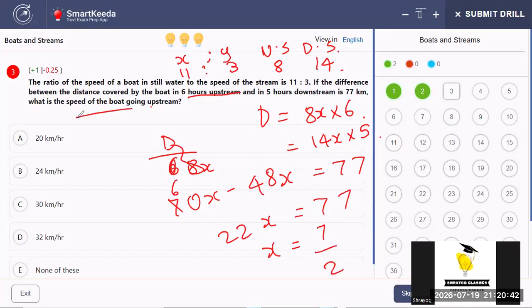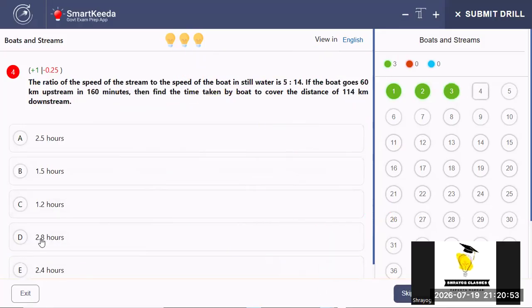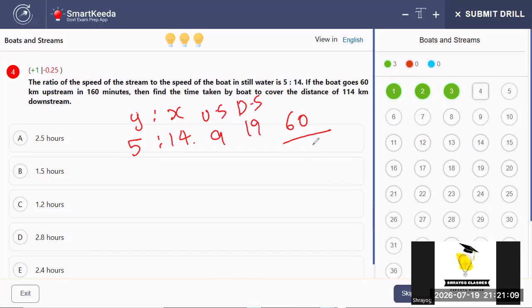What is the speed of the boat going upstream? Upstream 8 into 7 by 2, 28 kilometers, which is none of the answers. Next, the ratio of the speed of the stream to that of the speed of the boat is 5 by 14. If the boat goes 60 kilometers upstream, that means US is equal to 9x, in 160 minutes.